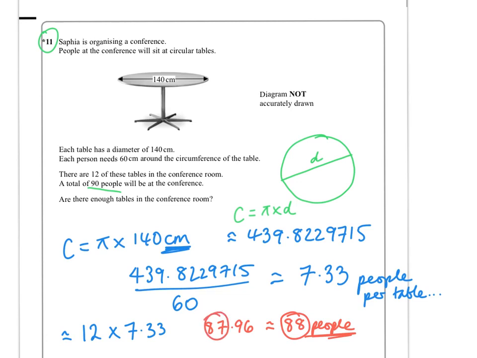Safe to say 87, I guess, is probably better. But we're not going to hit the 90, are we? So there's not going to be enough tables to suit the criteria that we wanted. So I would say you'd need an extra table, so 13 tables needed.